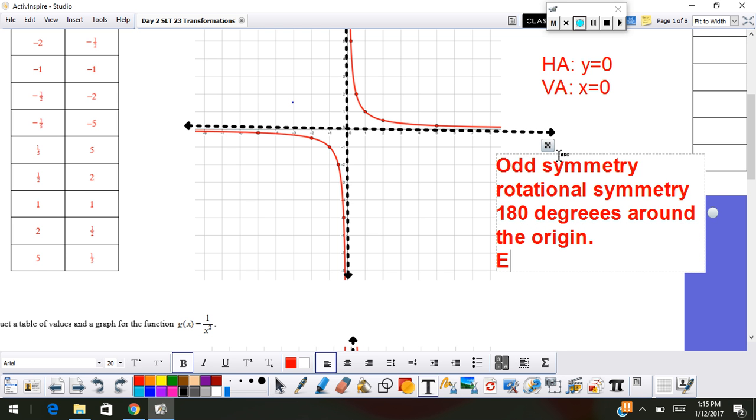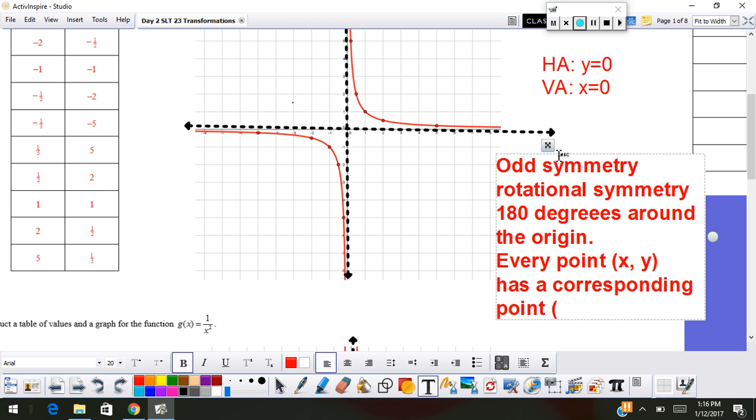And every point (x, y) has a corresponding point (-x, -y). We're going to refer back to these as we go through today's lesson.